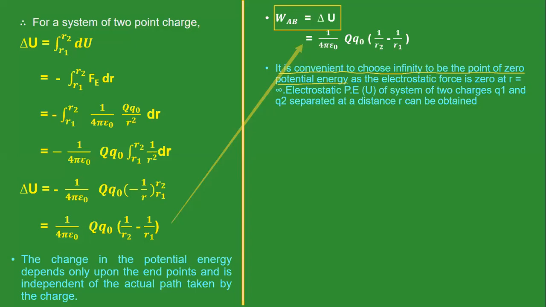Electrostatic potential energy of a system of two charges Q1 and Q2 separated by distance r can be obtained. Now let me consider that at infinity potential energy is zero.